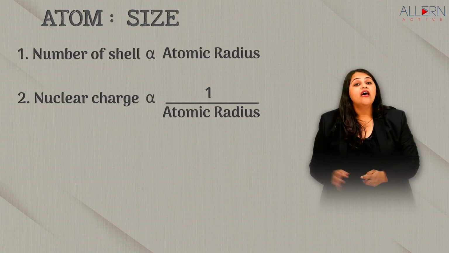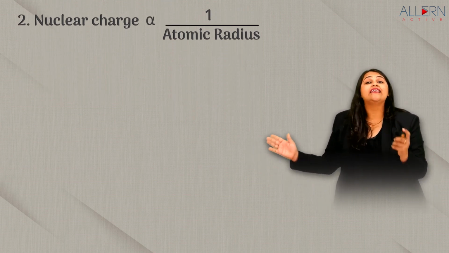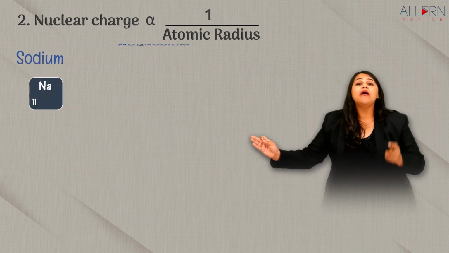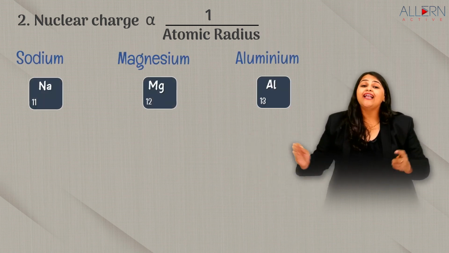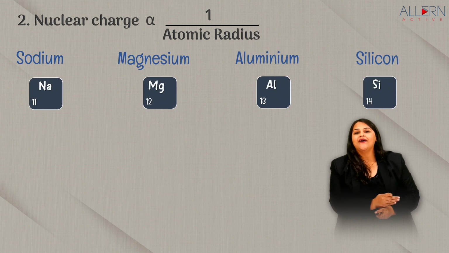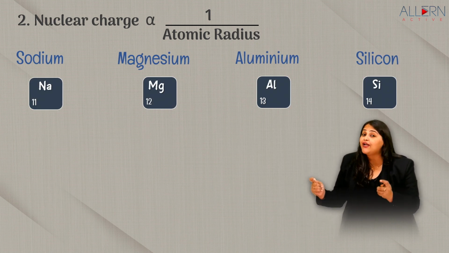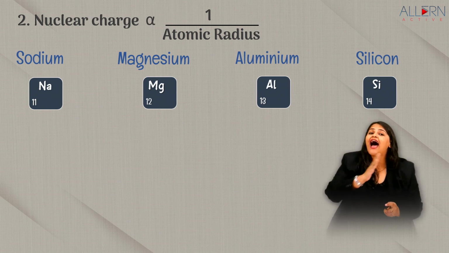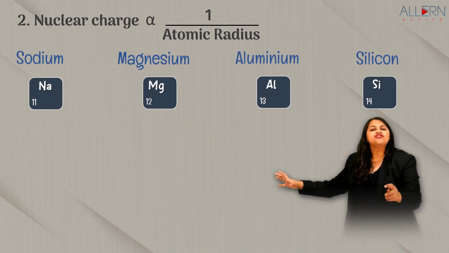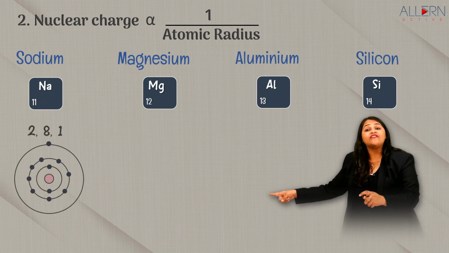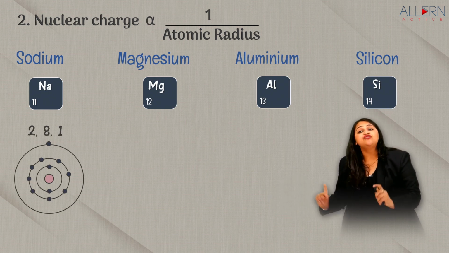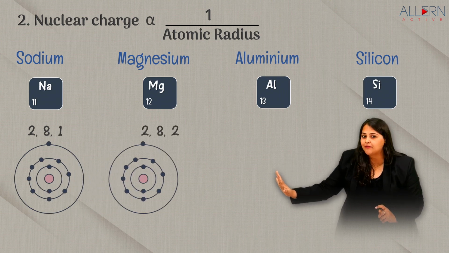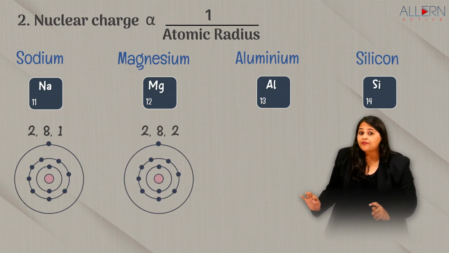Yes, my dear child. Now to understand that, let us again take certain examples. The first one is of sodium, magnesium, aluminium and silicon. We have their atomic numbers to be 11, 12, 13 and 14. Now, my dear child, when you look at sodium, you have the K, the L and the M shell, right? Now, when you look at magnesium, what is going to happen?